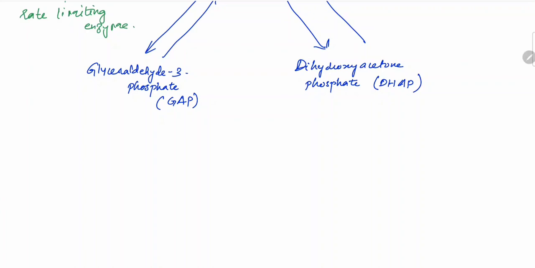Right, and also this dihydroxyacetone phosphate, DHAP, is converted into GAP in the presence of an enzyme called isomerase.